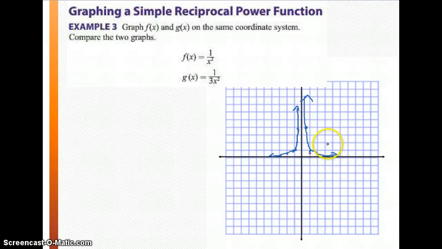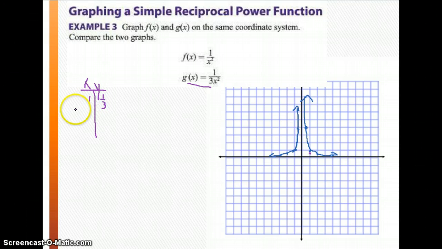If x is 3, then I'm going to have, well, let's not do 3. 3 would be bad. For my g function, purple here, if x is equal to 1, we saw that y is 1/3.